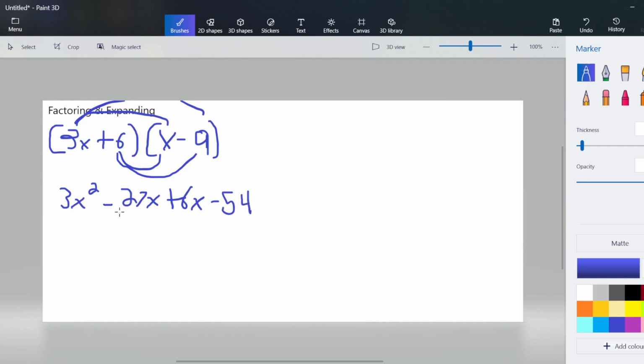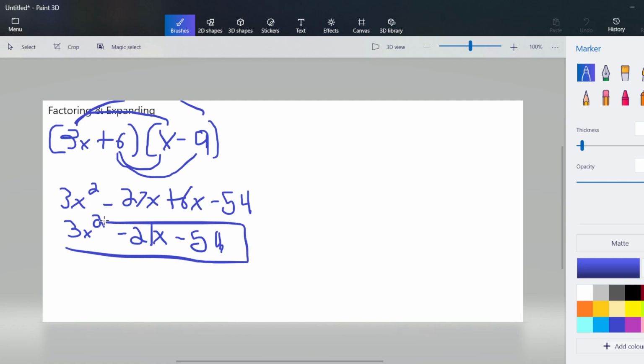Now we can combine our like terms, here being negative 27x and 6x, which gives us 3x squared minus 21x minus 54. And this is our answer.